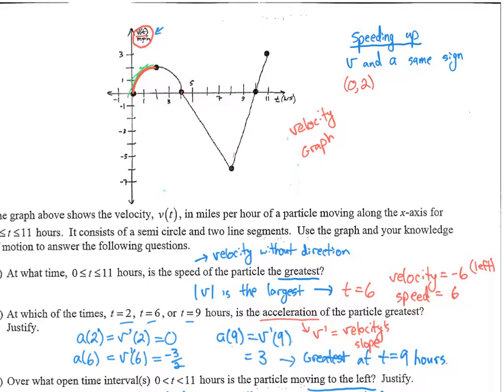In the next interval, we'll say from 4 to 8. So what I see through this time interval is I see that the velocity is negative because this velocity graph is below the x-axis. And I also see that the slope over this interval is also negative.